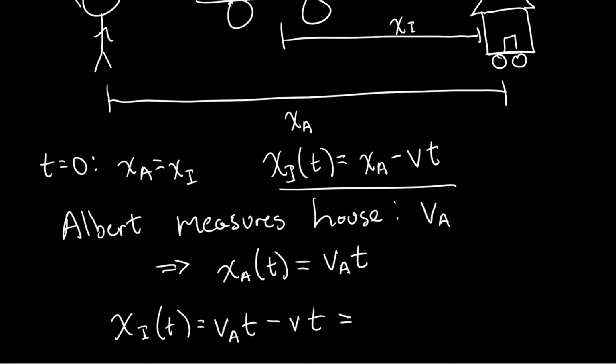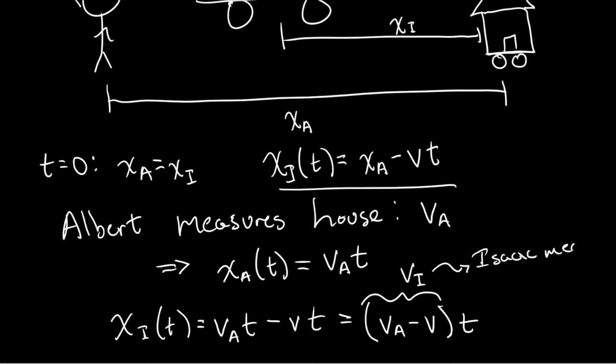Okay, well, let's pull out an overall factor of t. So we get VA minus v times t. So, since we know that positions of constant velocity objects are given by the velocity times time, we can immediately identify this as the velocity that Isaac measures.